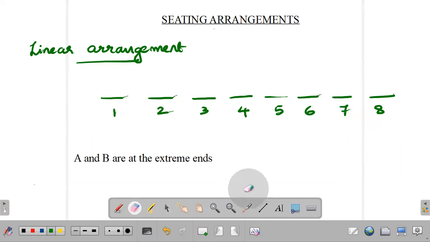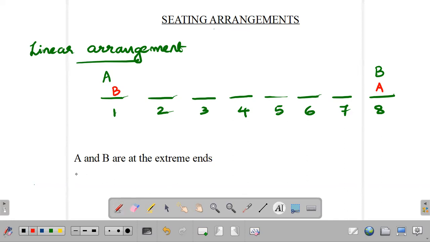I am erasing B's position now. A and B are at the extreme ends, so where will A be, where will B be? Two possibilities are there. If A is in 1, then B will be in 8. One more possibility: if A is in 8, then B will be in 1. AB or BA. Do you agree with me?